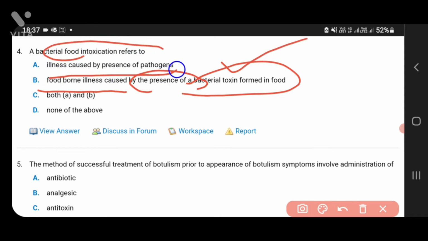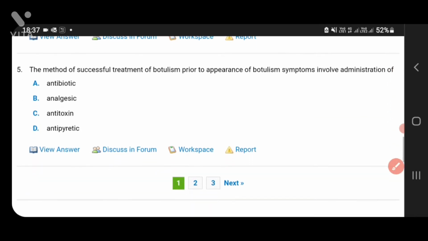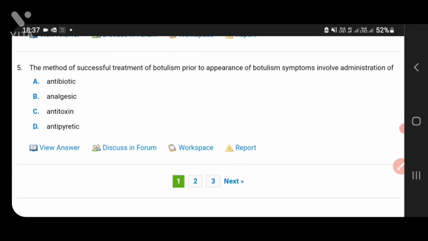Illness caused by the presence of pathogens is not intoxication, it is infection. An example is salmonellosis.